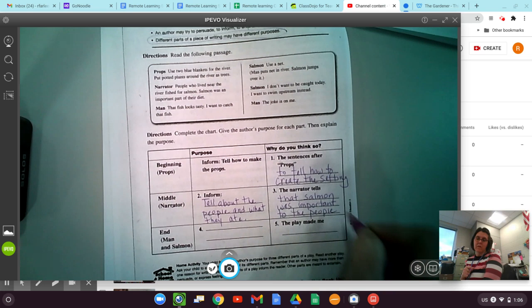Now the end, the man and the salmon, this last part. The fish looks tasty. I want to catch him. Use a net. I don't want to be caught. He jumps over it. The joke's on me. So at the end, what was the purpose? Was it to persuade? Was it to inform? Or was it to entertain? So I think here he was trying to be funny. He was trying to entertain the reader. He's trying to surprise them or to be funny.